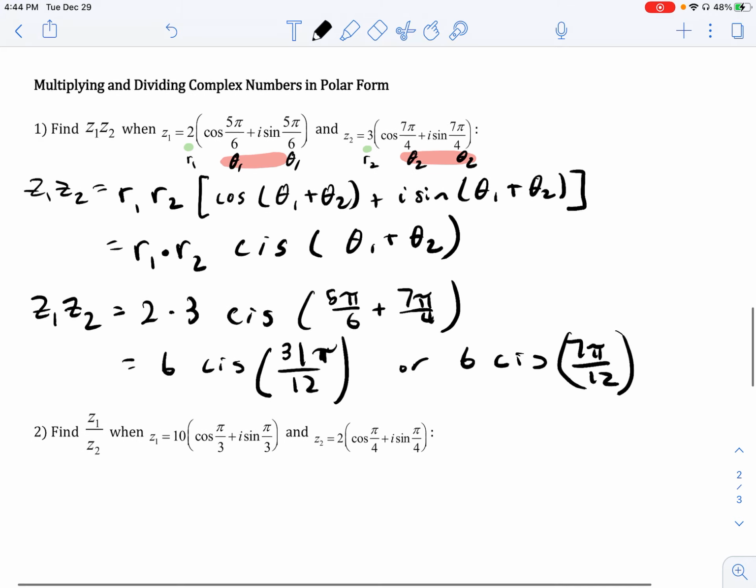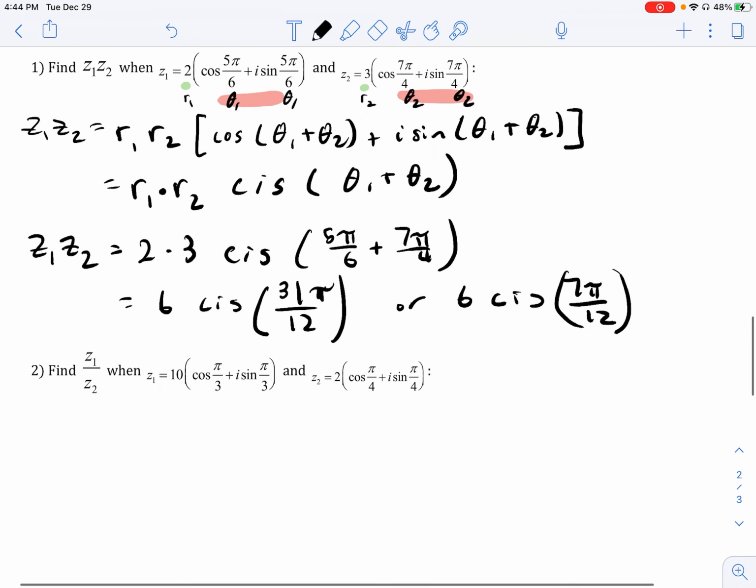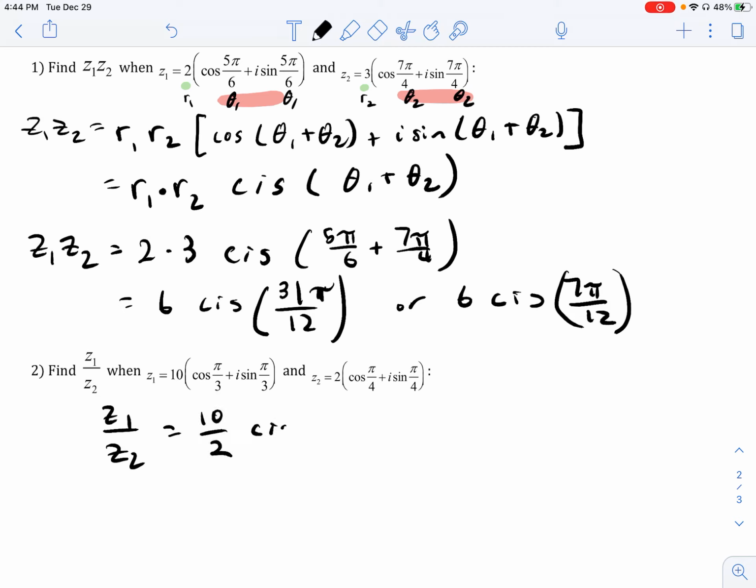Well, I'm not going to fully explain the entire process for how we derive the formula for dividing two complex numbers, but it's pretty similar. To do z1 divided by z2, it's the same process, but with division, meaning we're going to divide our two moduli. So in this case, we're going to go 10 divided by 2, CIS.